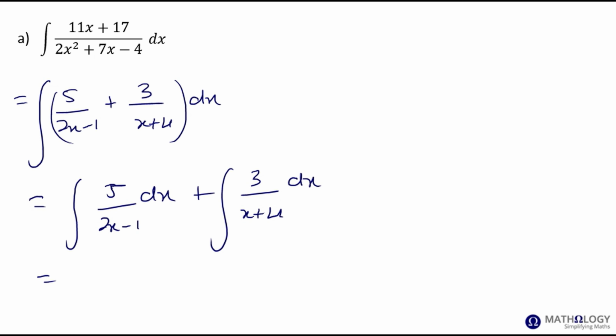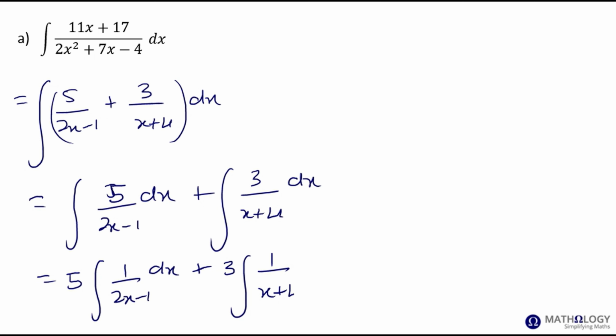I'm going to pull out the constant term here. So to take out the 5, we have the integral of 1 over 2x minus 1 dx. Likewise, we take out the 3 with the integral of 1 over x plus 4 dx.